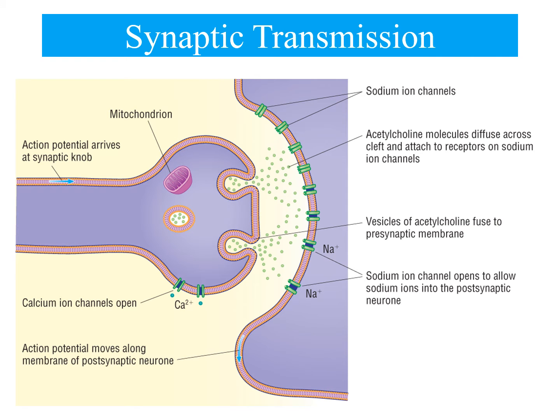Now, what this leads us to is, how does this whole process work? What happens is the action potential arrives. Imagine this as an electrical impulse, which obviously we know isn't quite that. It happens across both of the membranes, either side of the axon, and it arrives at the presynaptic knob.